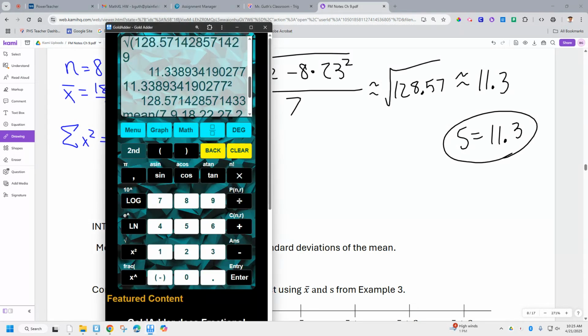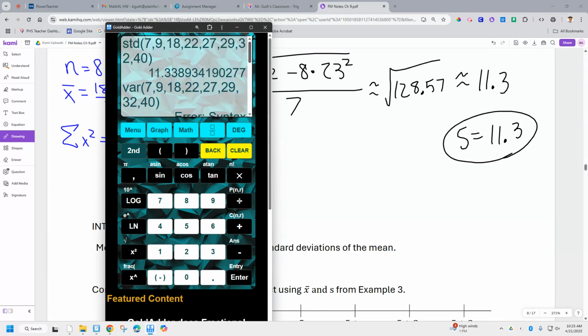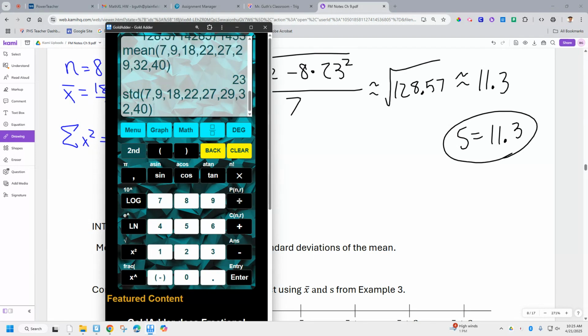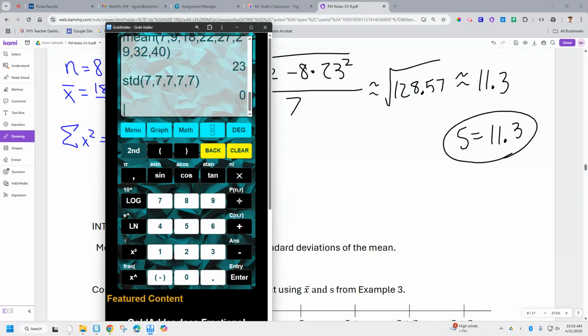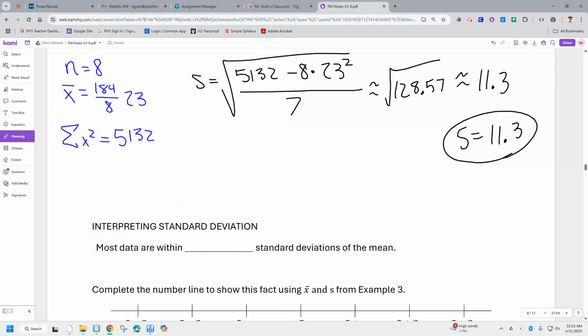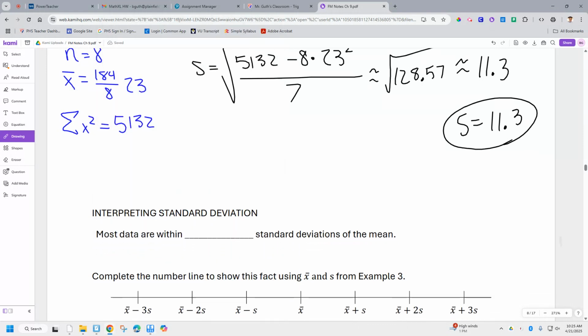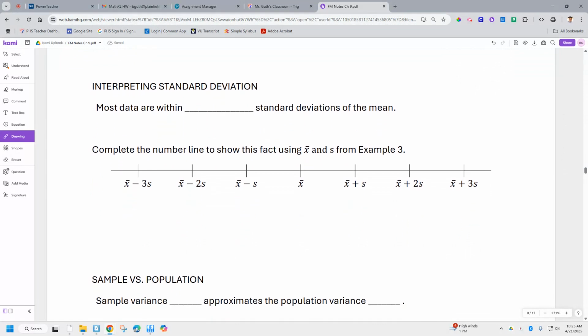Let's do this. Standard deviation. Standard deviation should be 0. And that makes sense because those numbers don't deviate away from the mean at all. So the bigger the standard deviation means the more those numbers vary away from the mean.